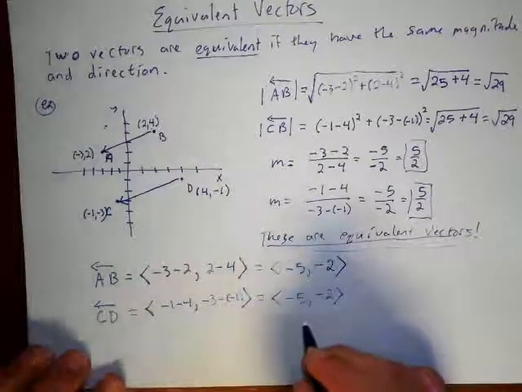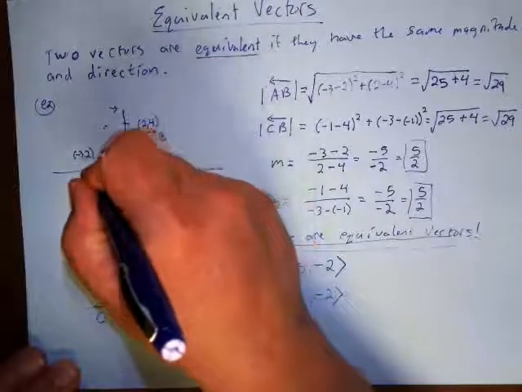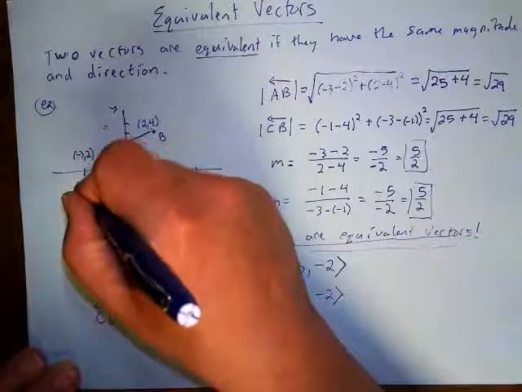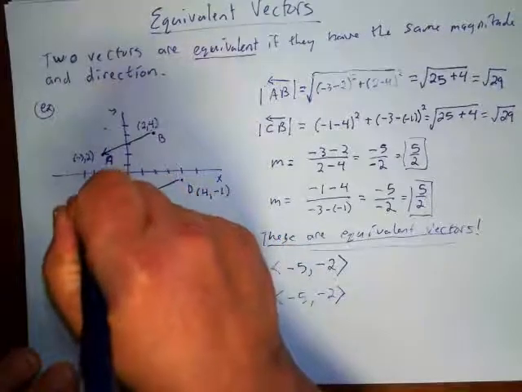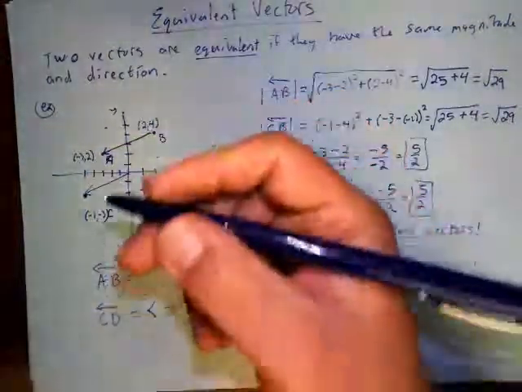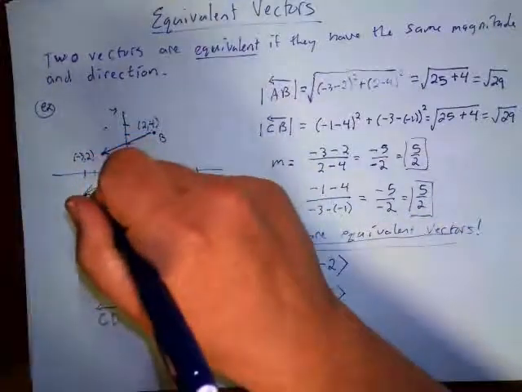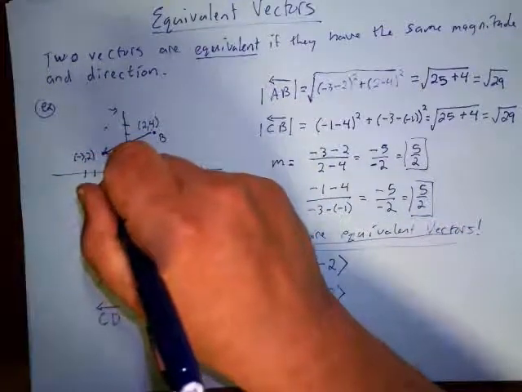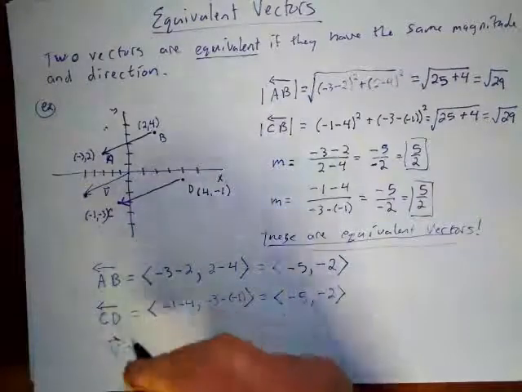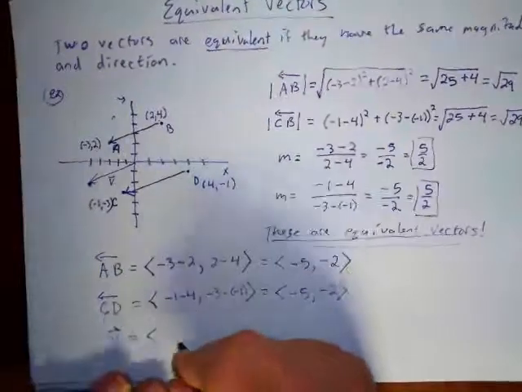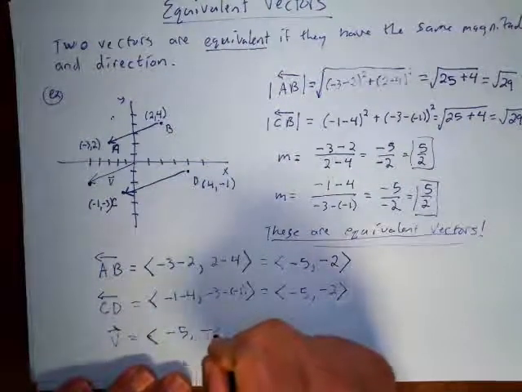In fact, what we would say here is I'm going to go 1, 2, 3, 4, 5, down 2, and then I'm going to draw this vector here, and we could just call that V or whatever, and vector V is [-5, -2].